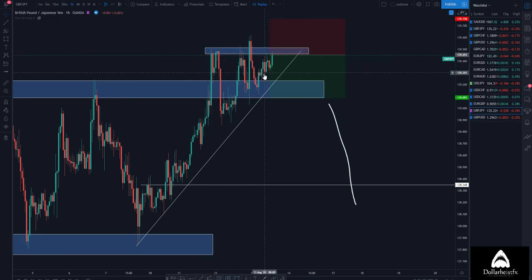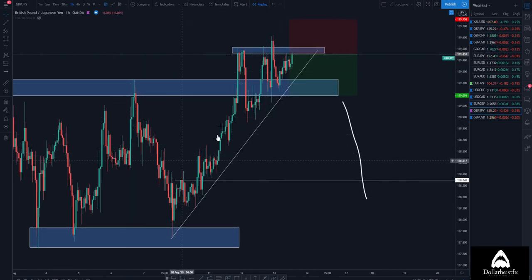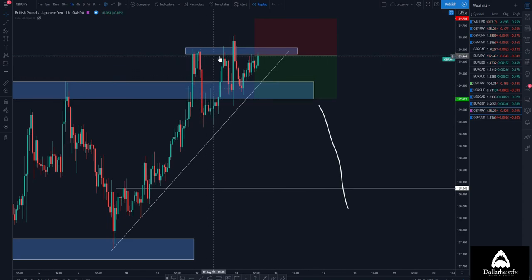It's starting to show a lot of wicks, a lot of small candles, which in my understanding, in my trading technique, I know is a correction movement. This entire area is a correction movement. So this right here is one confirmation that it will reverse.